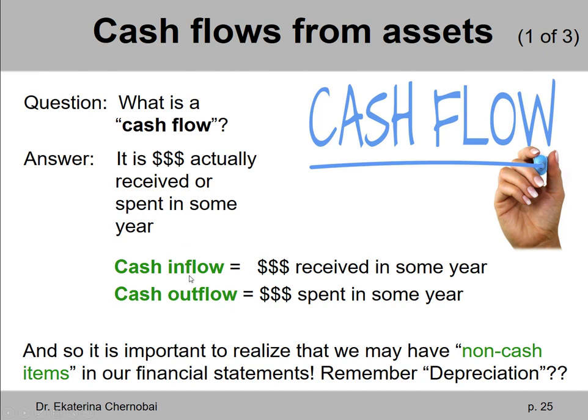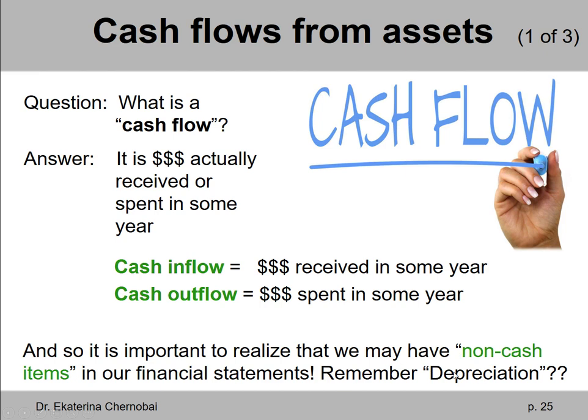Why is it important? What important detail is embedded in the term cash flow? What's important is when we call something a cash flow, we mean that money is actually received or spent. Remember, we had depreciation in our income statement that we called a non-cash item.